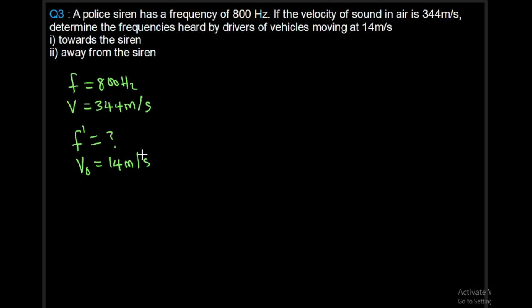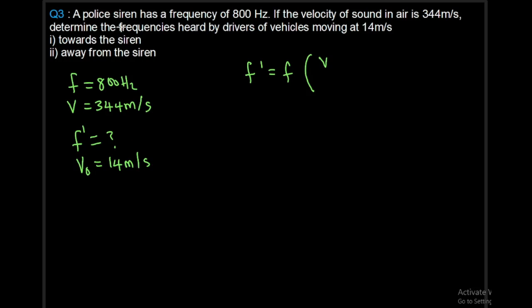So in this case, we're looking for the apparent frequency here. Now recall, we know that apparent frequency is equal to the actual frequency multiplied by the velocity of sound plus or minus the velocity of the observer, all over the velocity of sound. In this case, we have the observer moving.